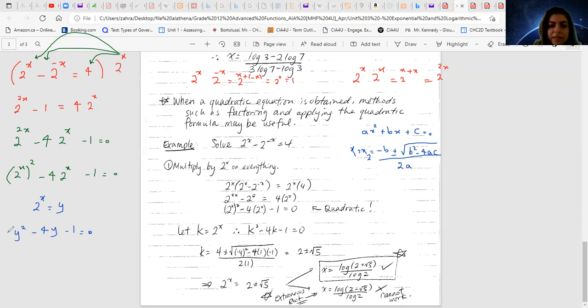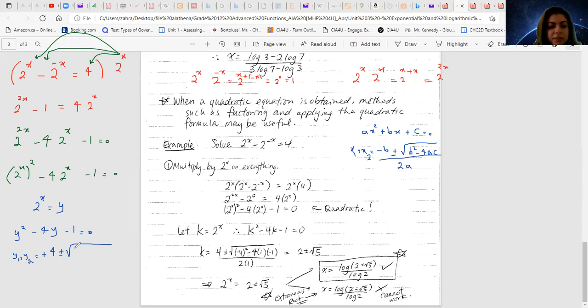Now, I'm going to do the same thing. So the coefficient of a here is what? 1. B here is negative 4. C is negative 1. So basically, you have to find y1 and y2. Negative b means negative of negative 4, which is positive 4, plus minus the square root.